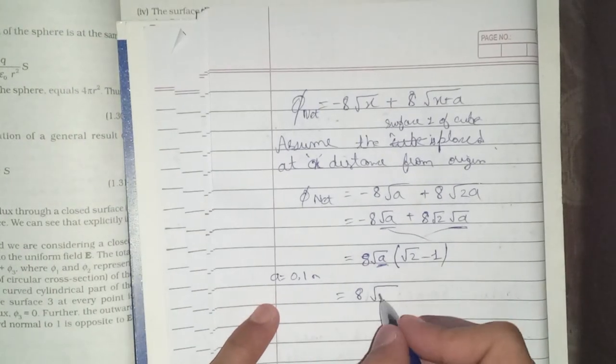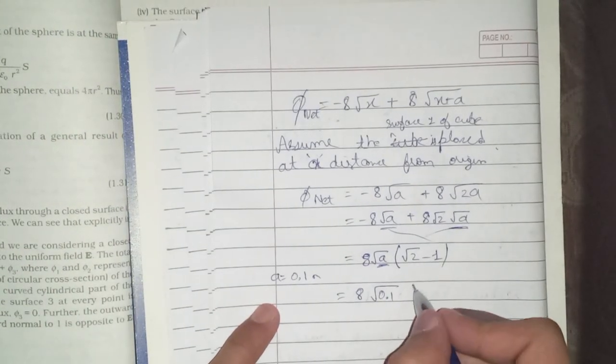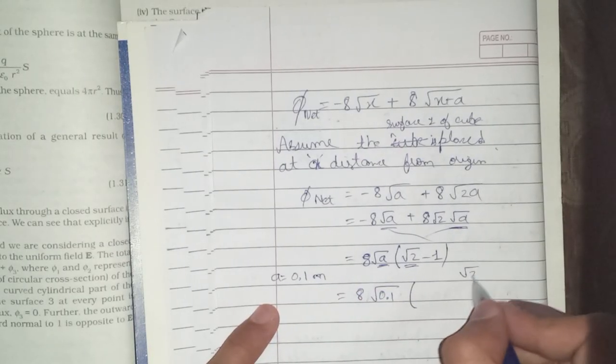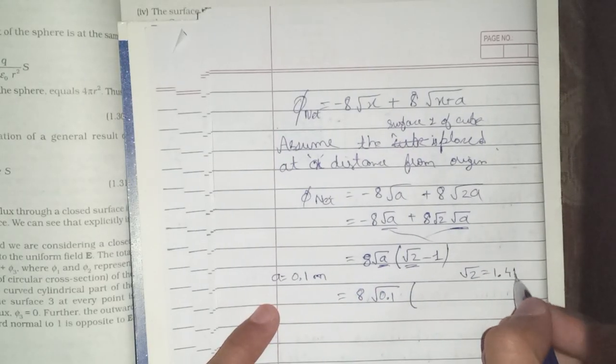So put root a equal to 0.1, and root 2 is equal to 1.414.